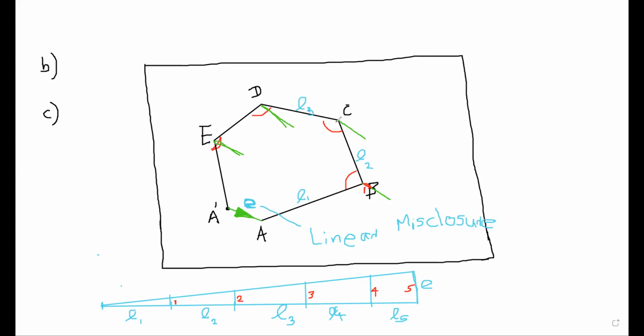The 1 would be marked there, 2 would be marked along this line, 3 along this, 4 along this. And 5 means it is E. As a result, this A dash will come to this point. Then connect all these shifted points. I use this yellow color.